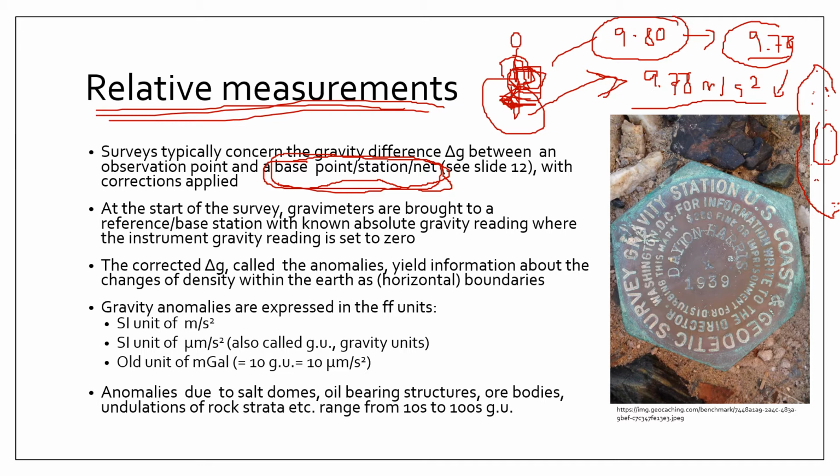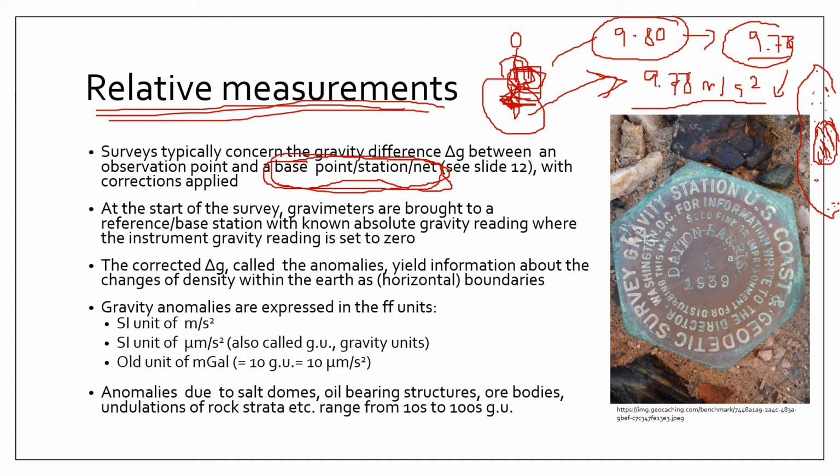Or if you're getting a gravity difference of negative, it could mean that there is a light object or maybe even a cave lurking in that area. So we will be discussing that later on in the other slides. But this is just how gravity readings work in general.